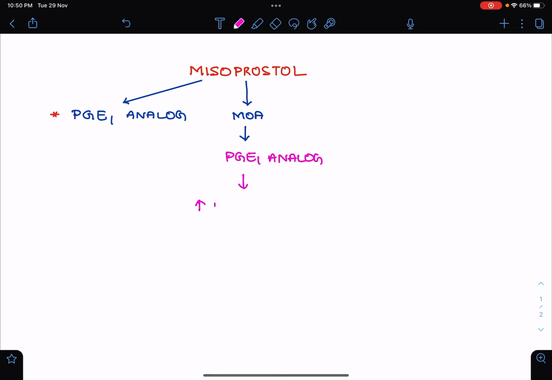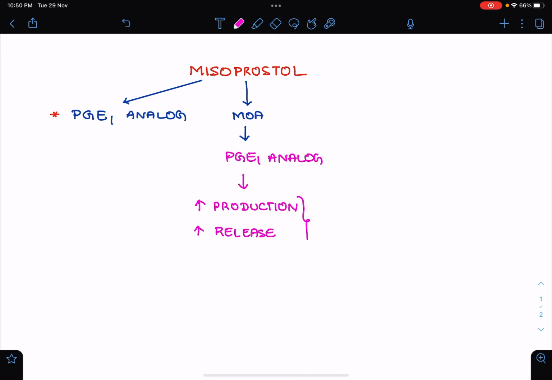It is going to increase the production and increase the release of what?